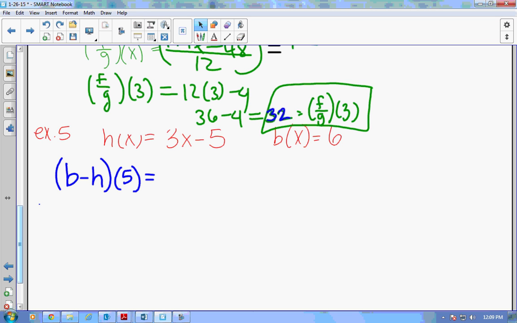Make sure with subtraction you subtract everything, not just the first term, everything in that function. Yes, good. If you're getting negative 14, you've made an error on the first step.